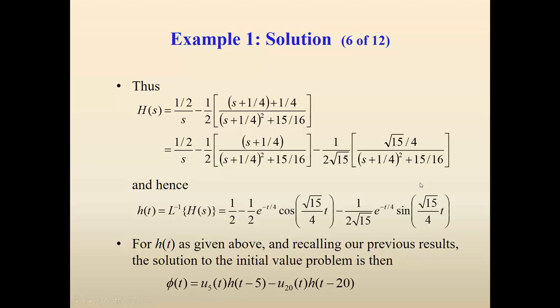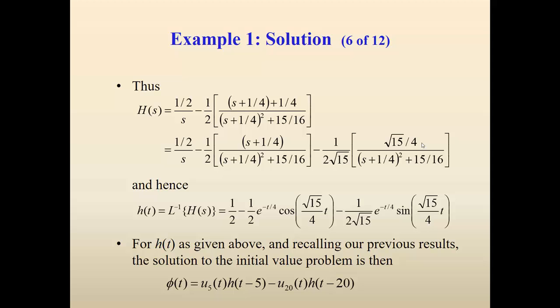Unfortunately, remember that for sine, that a squared in the denominator means I must have an a in the numerator. So this becomes one of the more undesirable, more difficult aspects of the Laplace transform. If I have a 15/16 in the numerator, I have to somehow make the square root of 15/16 be in the numerator.